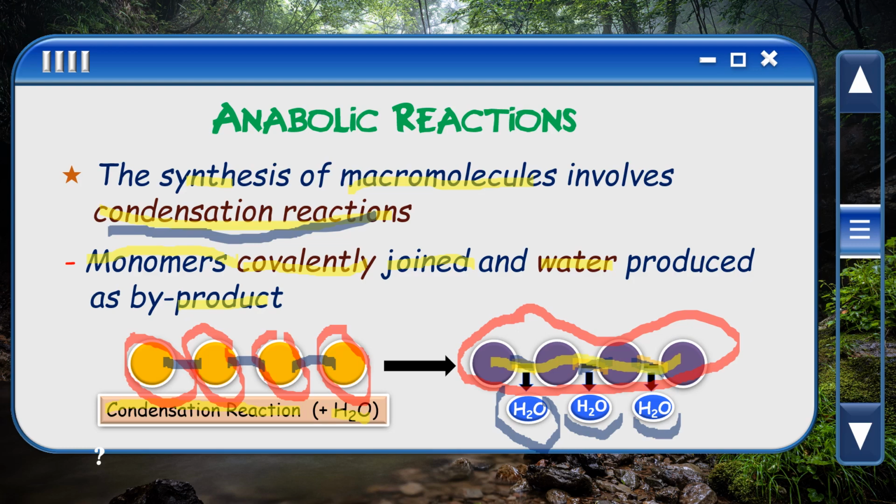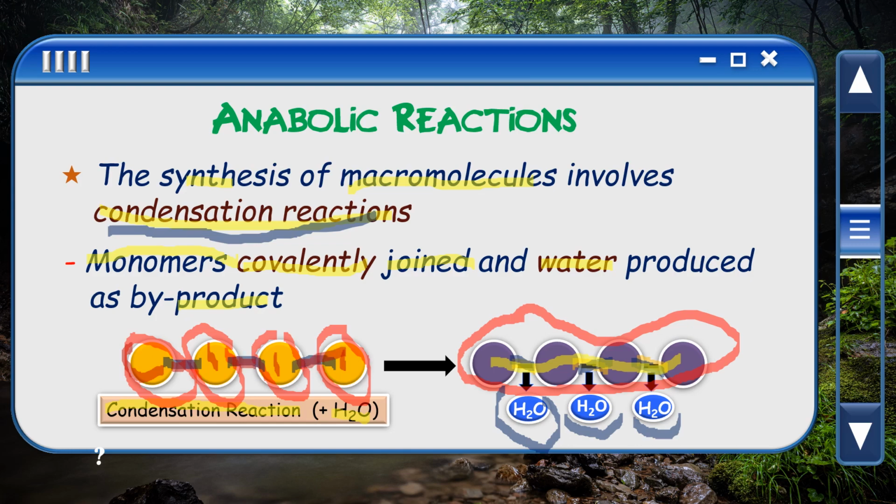So monomers are covalently joined together. Our monomers are these simpler molecules here. When we join them together, we are forming bonds, and those are what we are referring to as covalent bonds.